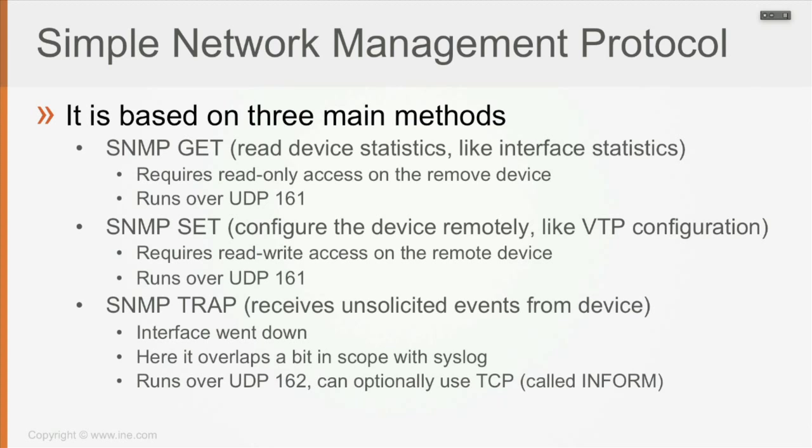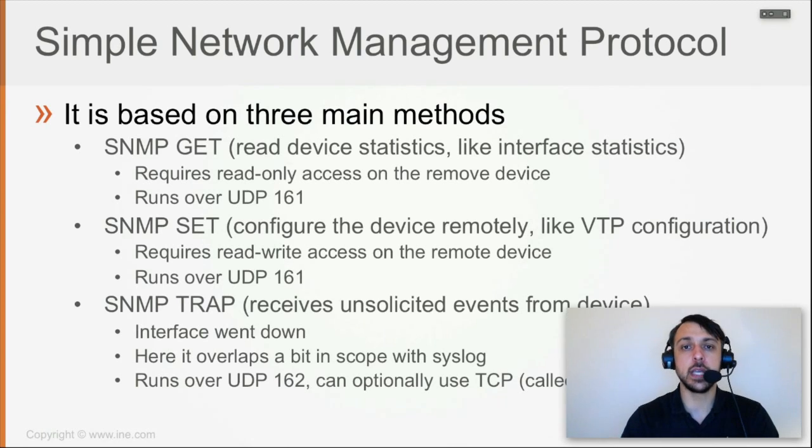You might say here, and that's correct, that in this use case SNMP from the traps point of view is going to overlap a bit with the syslog, for example, because also when an interface goes up or down, the router logs a log message which can be sent remotely to a syslog server. So yes, from the SNMP trap point of view, syslog and SNMP have a bit of an overlap.